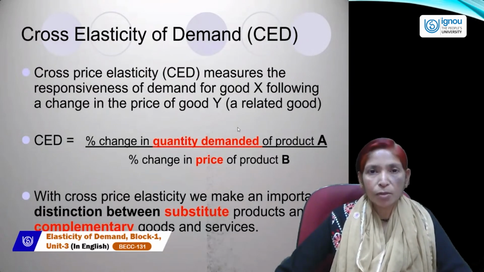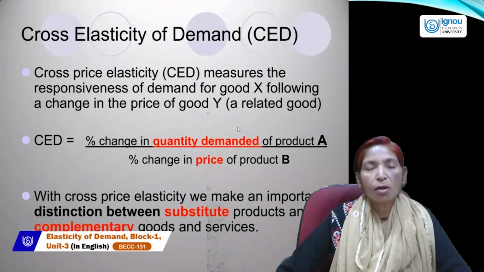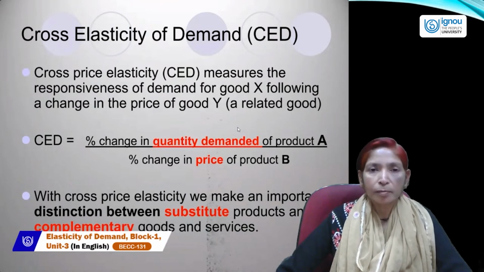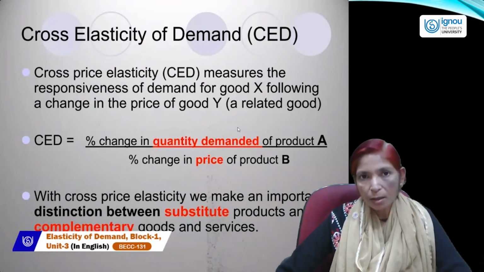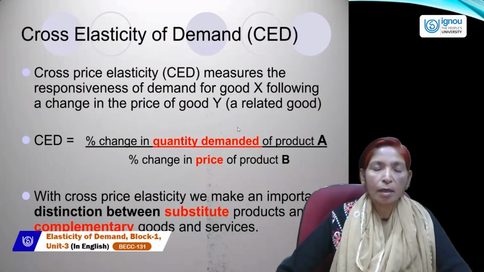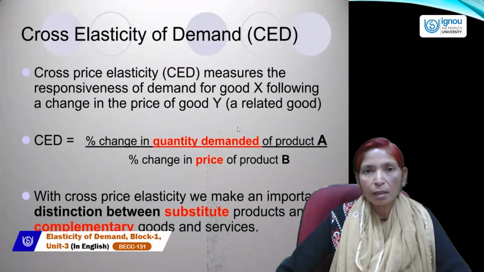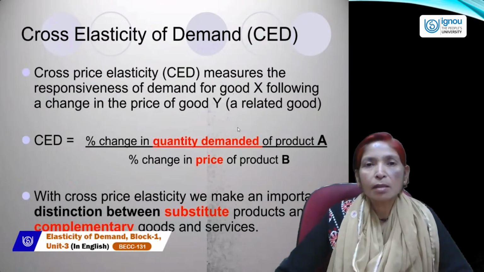And if related goods are included in the estimation of elasticity of demand, it is known as cross elasticity of demand. And we can use the formula: percentage change in quantity demanded of one commodity divided by percentage change in price of the other commodity.